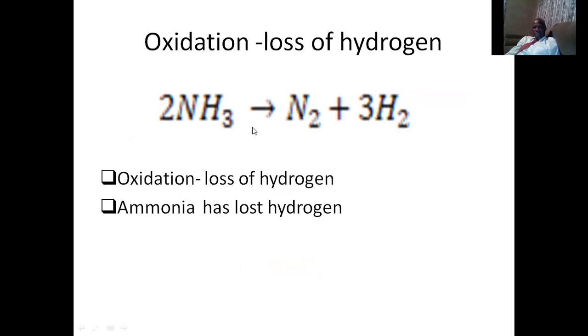Ammonia has lost hydrogen. Here on the product side, it is only nitrogen. So oxidation has taken place here. So oxidation is the loss of hydrogen, and ammonia here has been oxidized. Ammonia has lost the hydrogen.